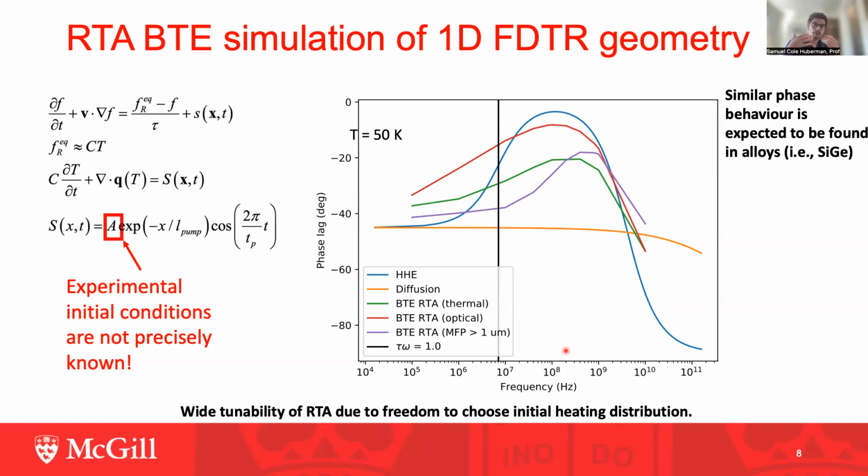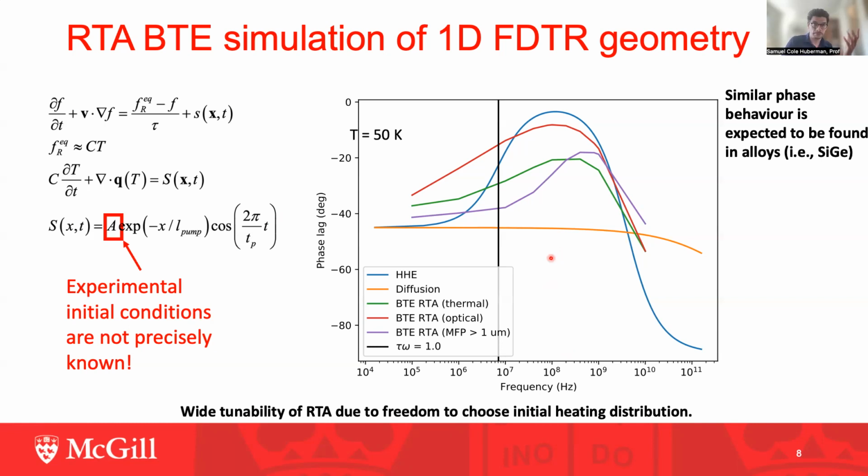And to have an unambiguous signature of second sound requires the elimination of the RTA approach to the BT as being able to model the experiment, right? So we need to see strong deviations from the Fourier temperature profile and strong deviations from the relaxation time approximation profile as well. This needs to be addressed when claiming second sound.